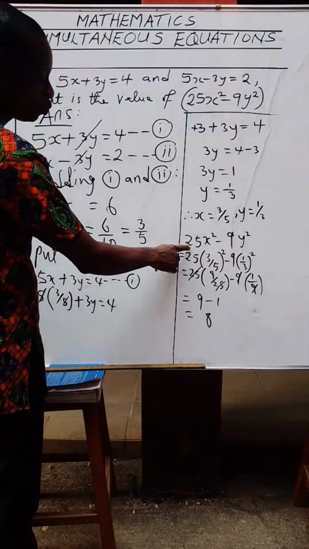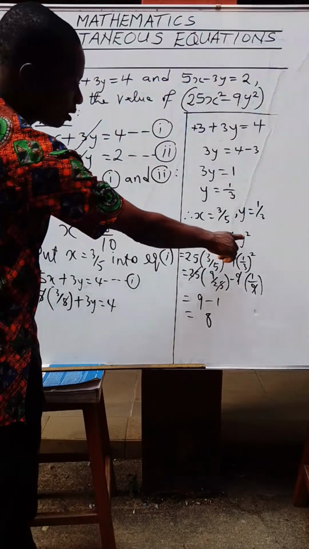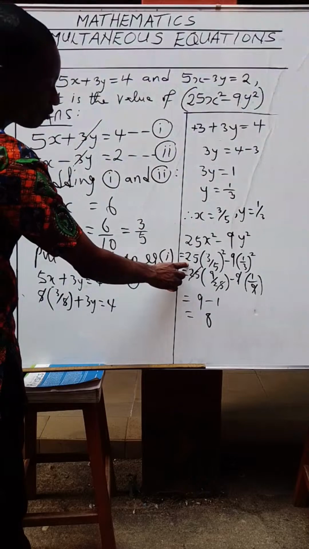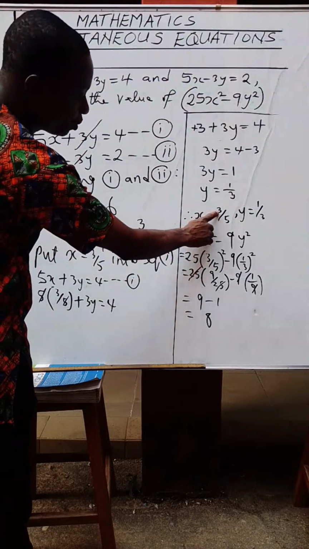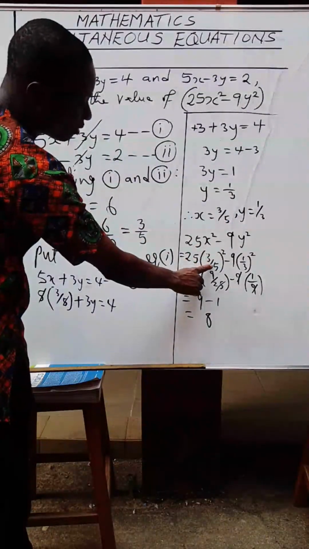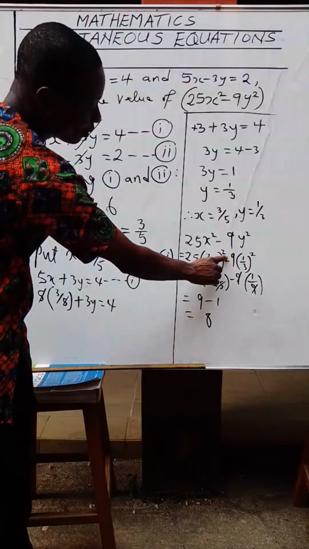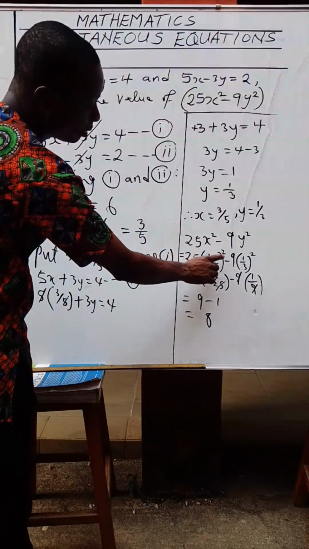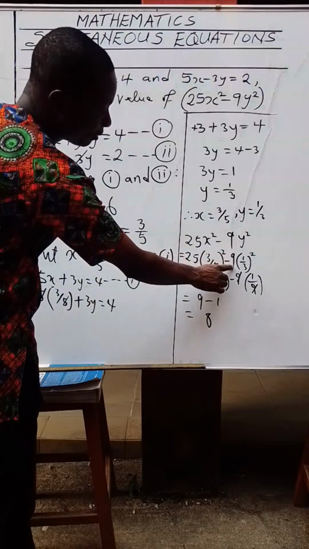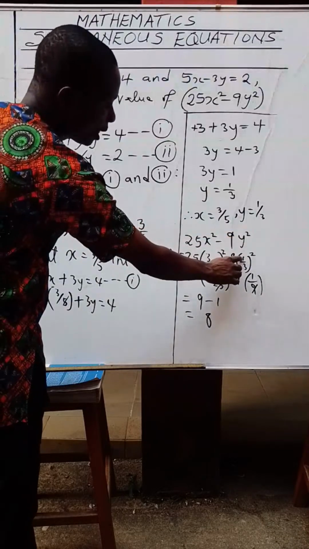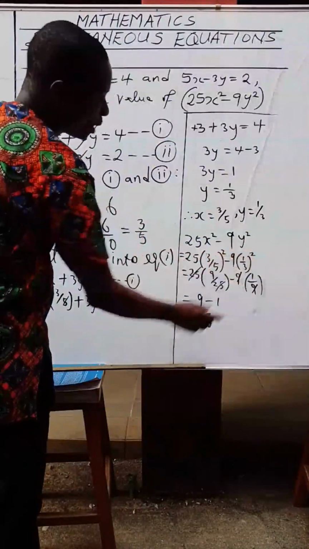That's what we have here. So this gives us 25. x is 3 over 5. So bring it, 3 over 5 here. Then don't forget the square. Then minus 9. This is 9, y squared. y is 1 over 3, so squared.